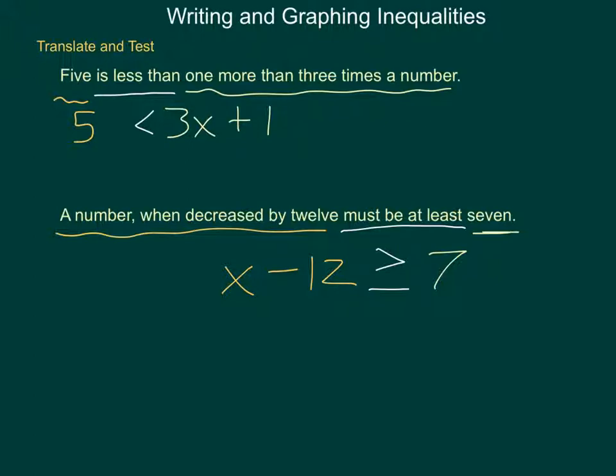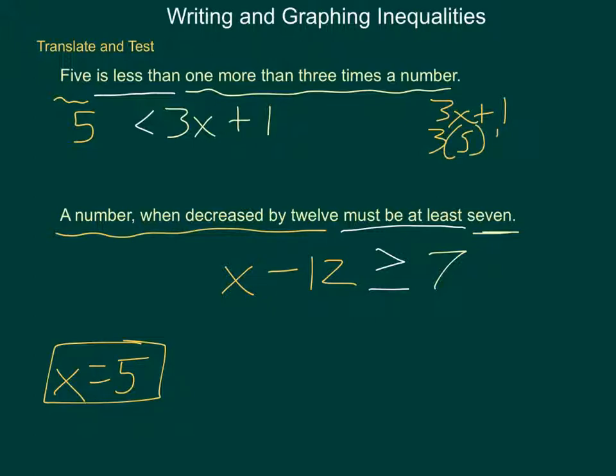Now, let's test an item. I want to know, is x equal to 5 a solution to either of these inequalities? Well, the way we do this is we test it by substituting in the value. So in our first one, we have 3x plus 1. I'm going to test the number 5, so 3 times 5 plus 1. 3 times 5 is 15, plus 1 is 16.